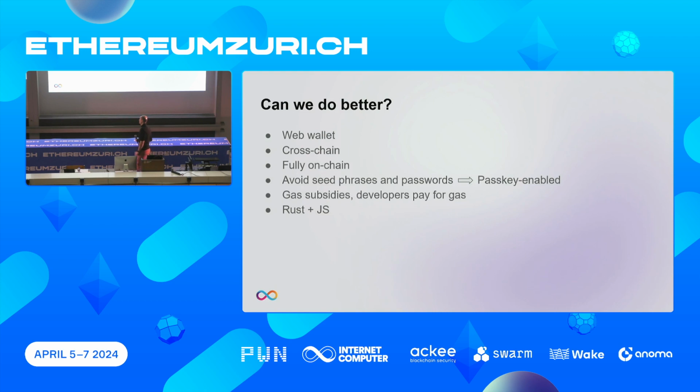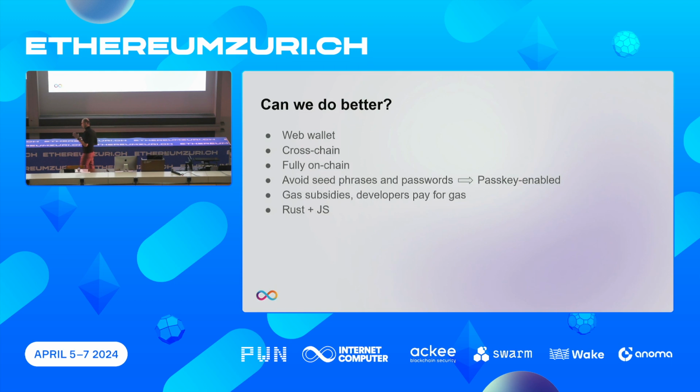Can we have a web wallet that is cross-chain, so it can hold not only Ethereum assets, but it can hold Bitcoin, it can hold ICP, it can hold Solana, that is fully on-chain, so the browser can verify that the static assets of the wallet are legit, where we avoid seed phrase and password, so it works with passkeys, where we have gas subsidies, so it's effectively free to use, and where we don't have to use Solidity?